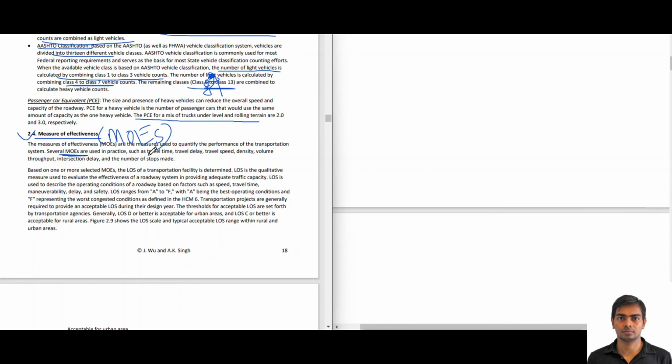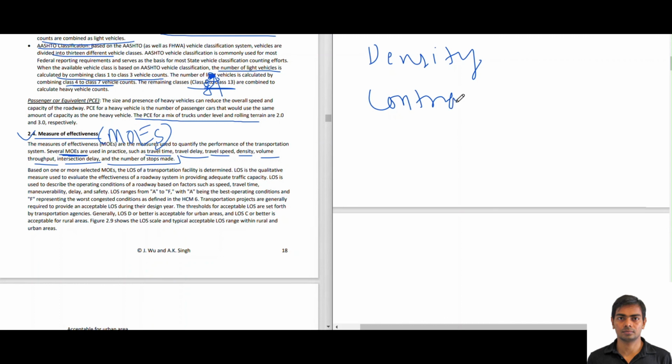Several MOEs that are used in practice are travel time, travel delay, travel speed, density, volume, throughput, intersection delay, and number of stops made. Out of these, the ones frequently used are density, control delay, and travel time.